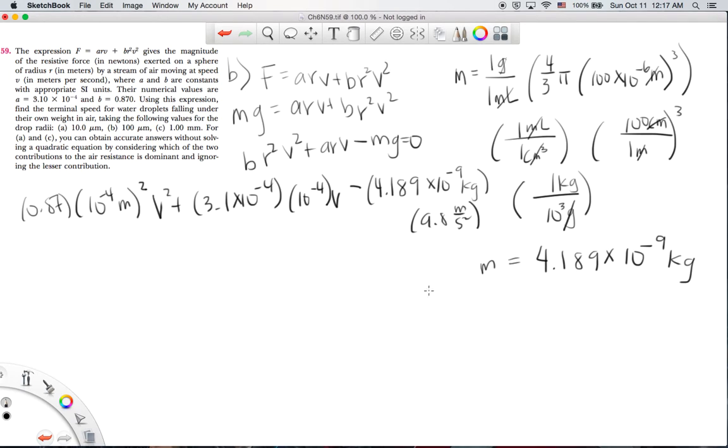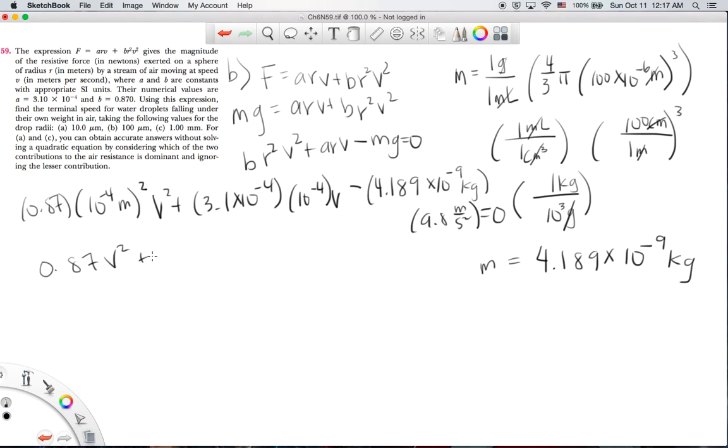If you simplify this a little bit, you'll see that all of the terms have a times 10 to the negative 8th in them. So we can divide both sides by 10 to the negative 8th because that all equals 0.